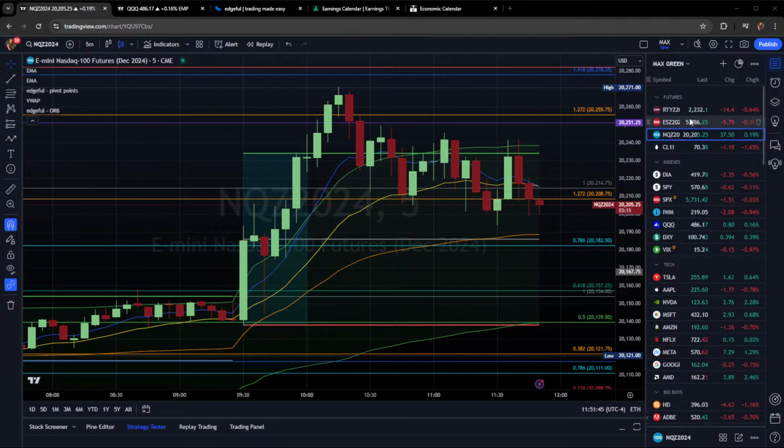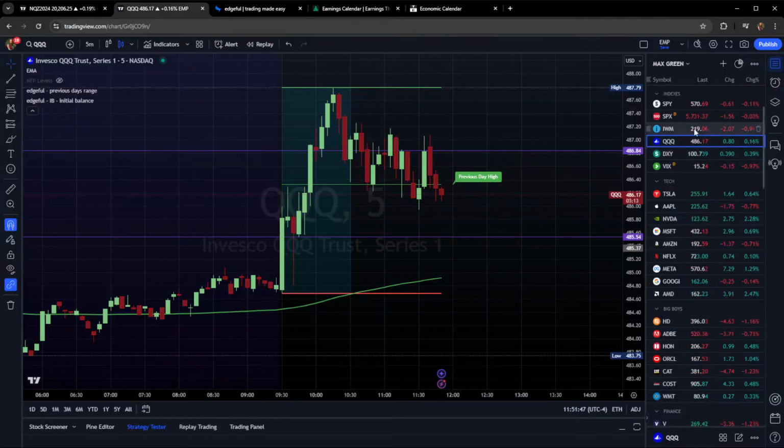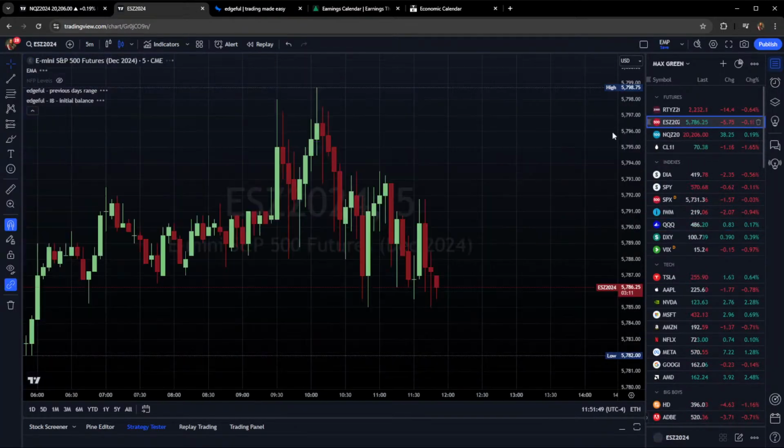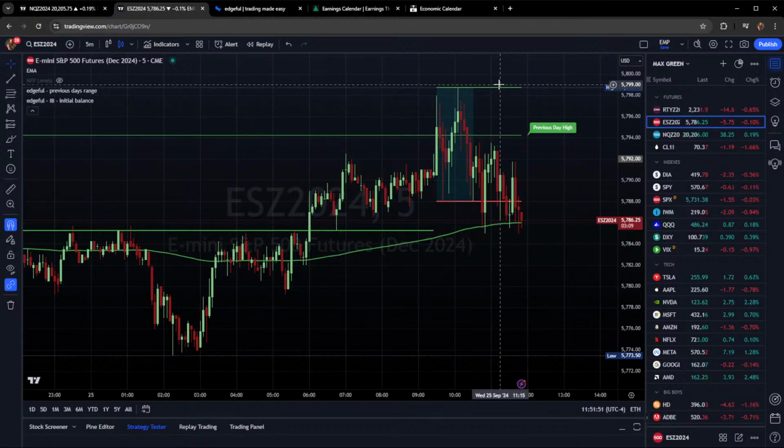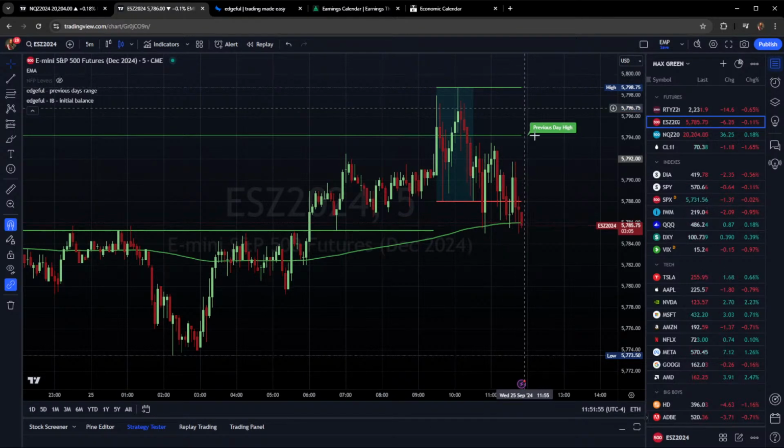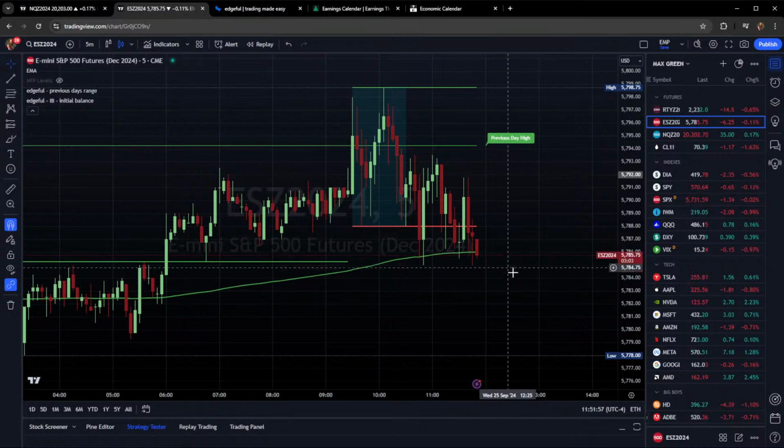Remember I was talking about on ES earlier. This up here, there was a massive wall up here, and look where we're breaking down. This is my 233 EMA on the 5 minute.